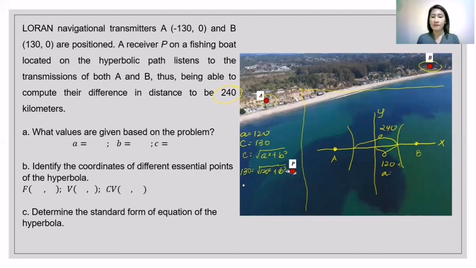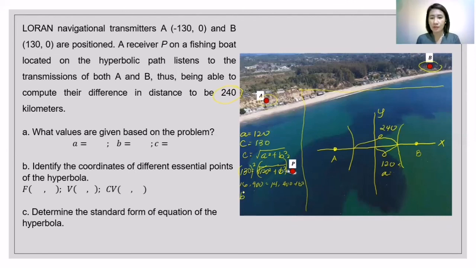So let us simplify. We may remove the radical symbol first by getting the square of both sides. So we square both sides. 130 squared is equal to 16,900, equals 120 squared, which is 14,400, plus b squared. So we separate the variable from the constant.